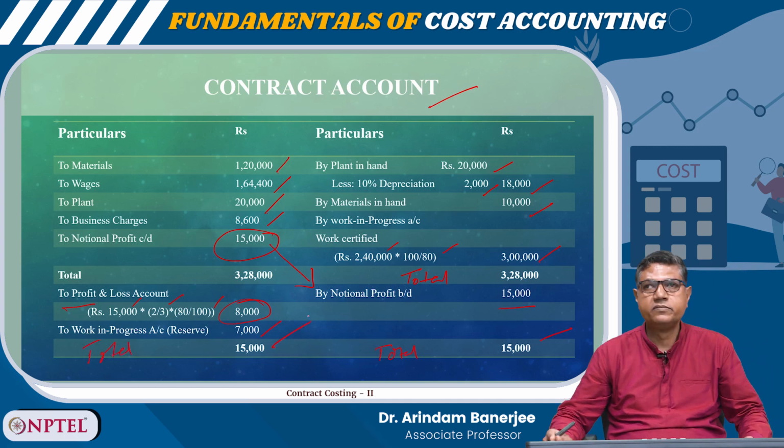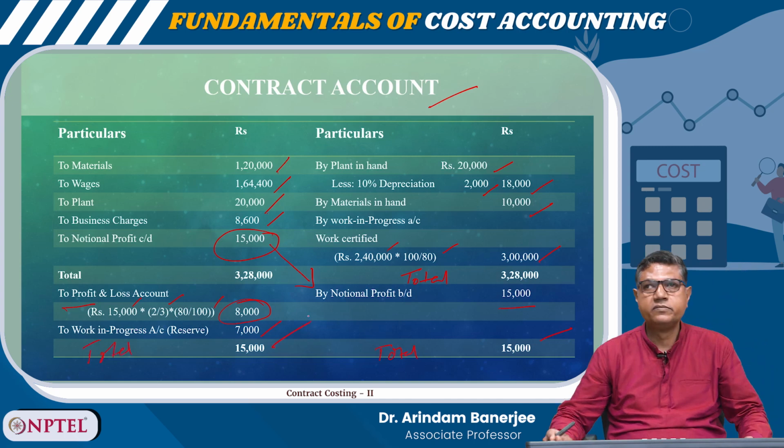Using this, we can construct the contract account for the year ended 31st March 2024. So materials is 14 lakh, right?